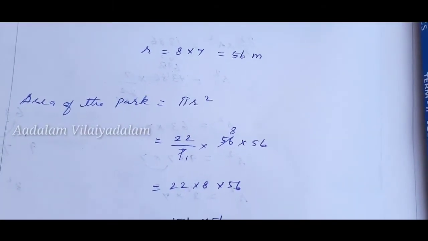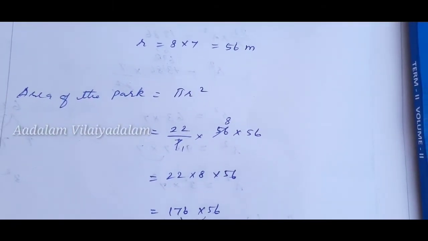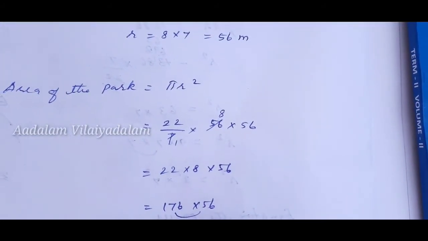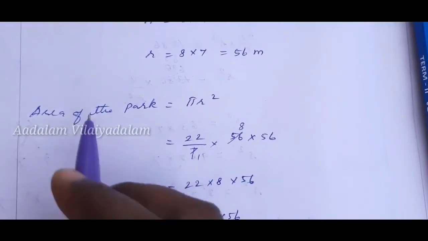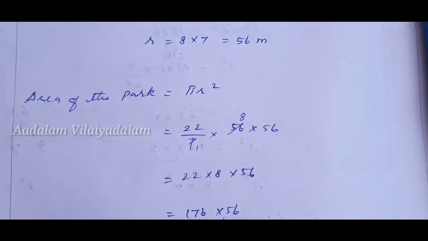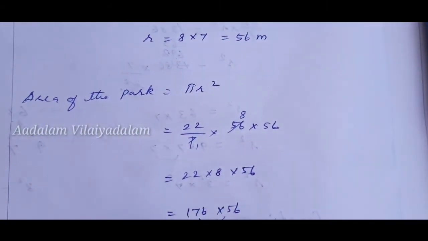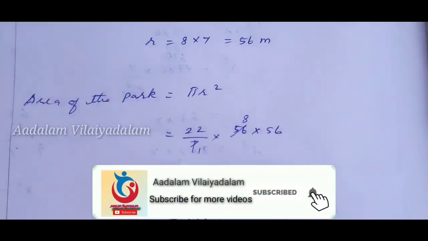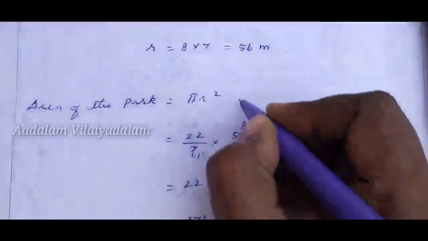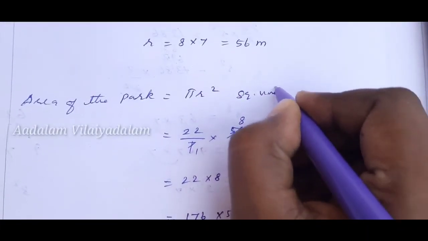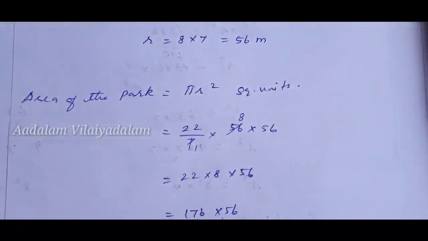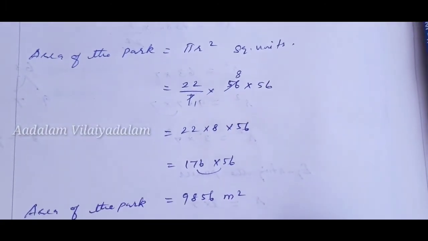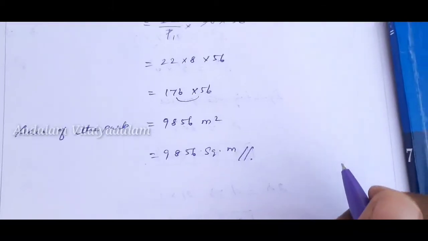The product of these two values we will get 9856. So which is the area of the park? So area of the park will be 9856. The unit is meter square, or we can write 9856 square meter. We can write it and conclude it this way.